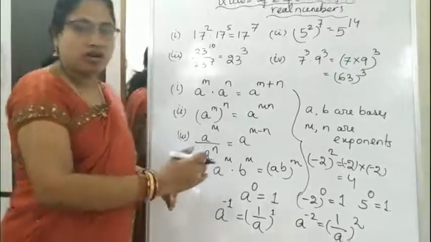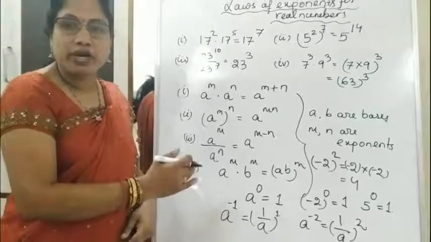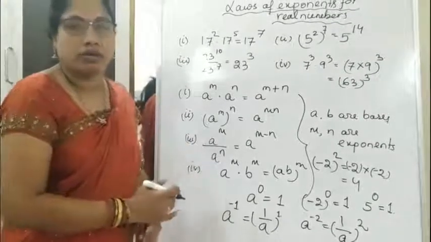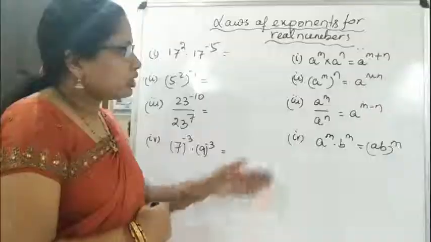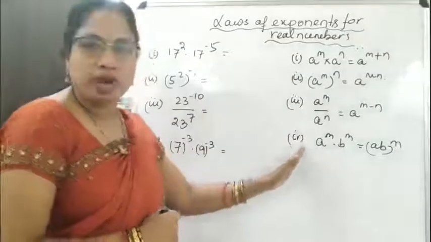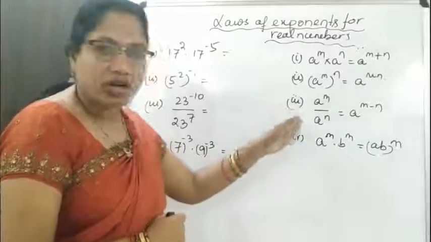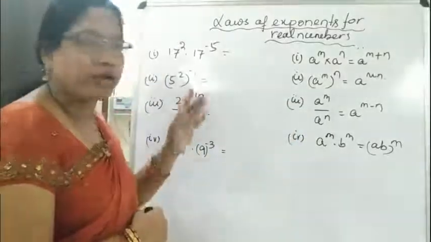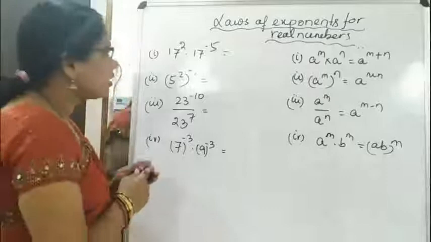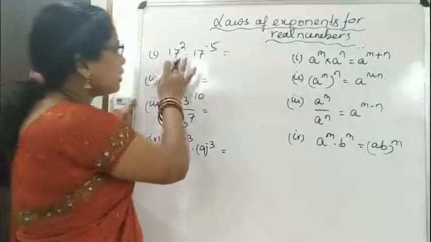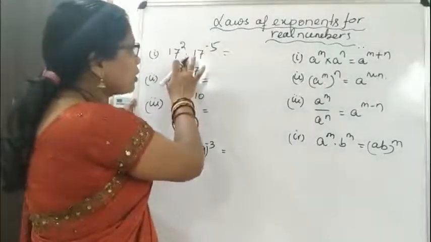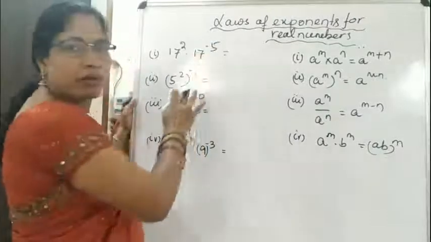So let us extend these laws of exponents that we have studied earlier to the case of negative exponents. Here it is given 17 to the power 2 multiplied with 17 to the power minus 5.